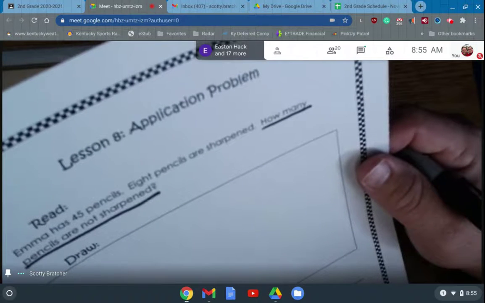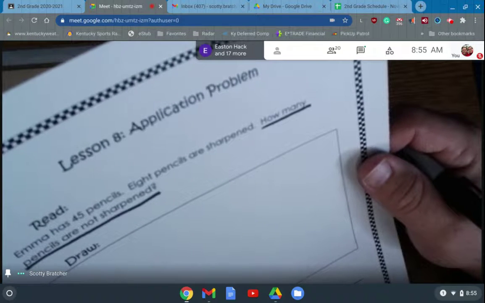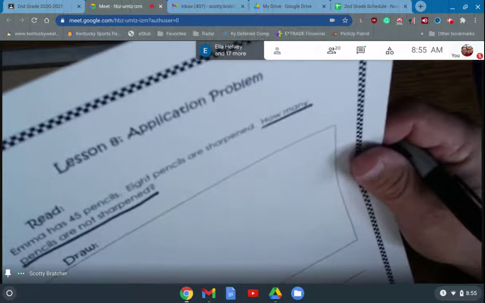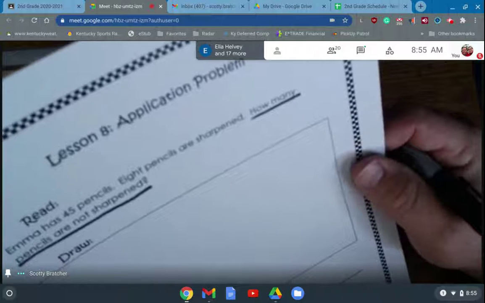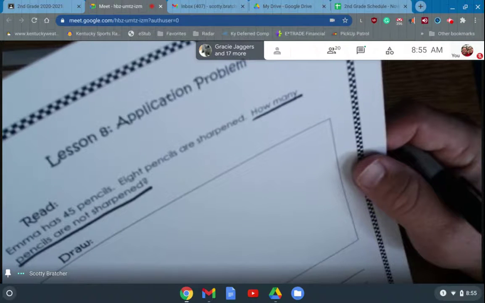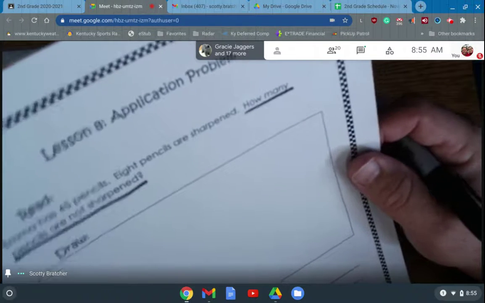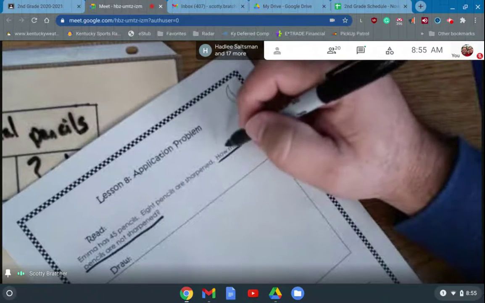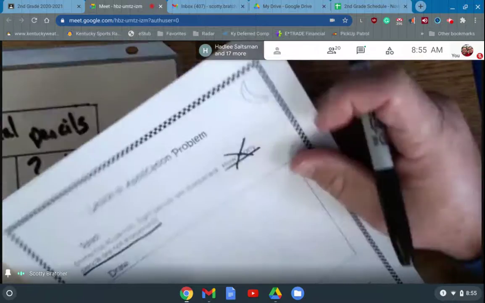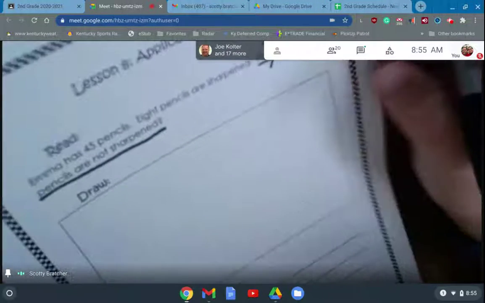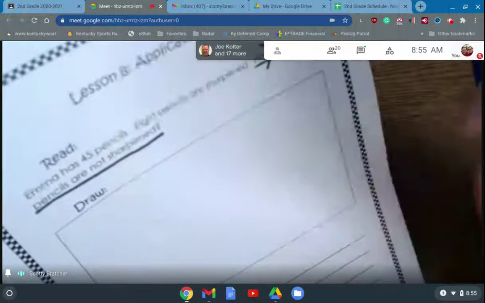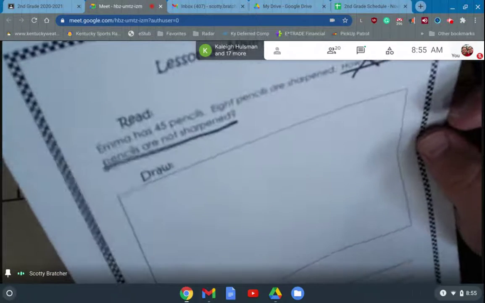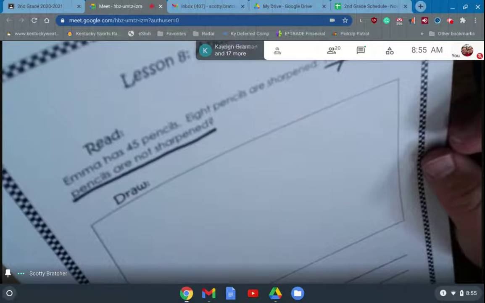How do I restate this question? Well, the words how many makes it a question, so I got to get rid of that. Okay? And I come up with pencils are not sharpened. How can I make a sentence out of that?